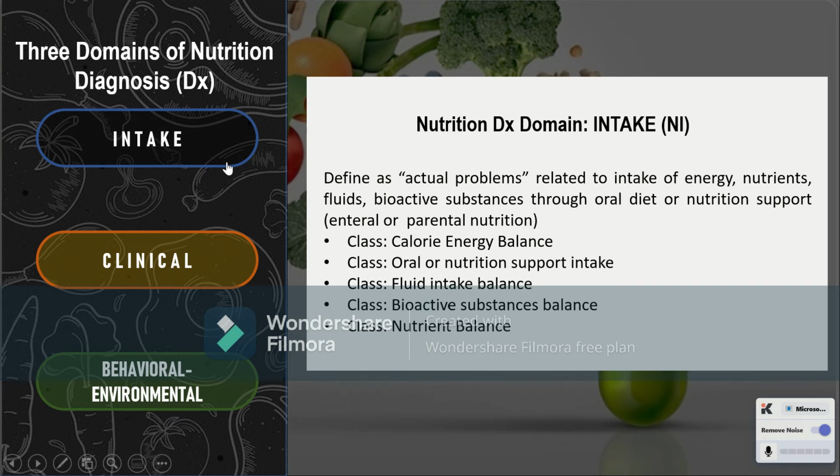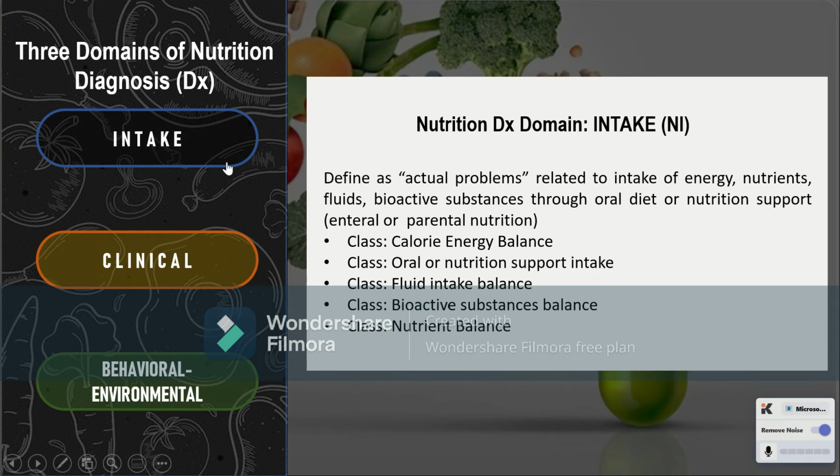Bioactive substance balance. So it refers to an actual or observed intake of bioactive substances, including single or multiple functional components, ingredients, dietary supplements, and alcohol, such as inadequate or excessive bioactive substances intake dahil nga sa low intake or hindi pagkain ng mga gulay or fruits.